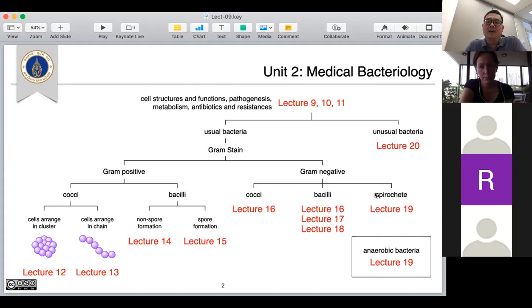But of the spirochetes that infect humans, the important ones are just 2 or 3 species, so few. Then we spend the same lecture on anaerobic bacteria, which is another very important group. And in the final lecture, we talk about unusual bacteria. That's the big picture of this unit, okay?